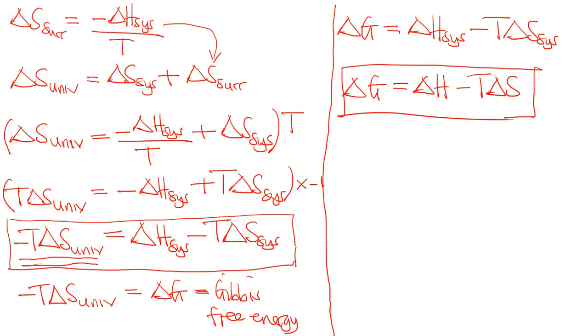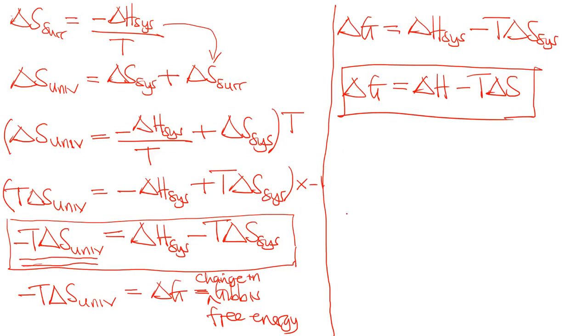Now this is the final equation that will tell us that this reaction is spontaneous or this reaction is non-spontaneous. So delta G gives us the change in Gibbs free energy. That's what delta G is, because the delta stands for change.